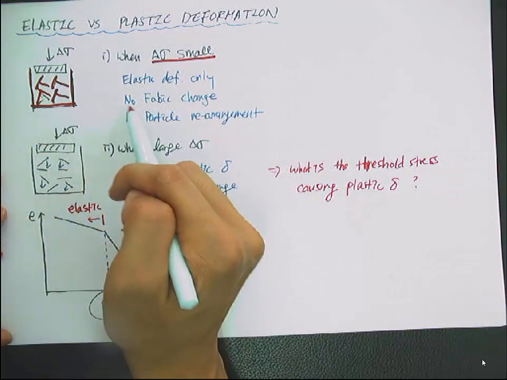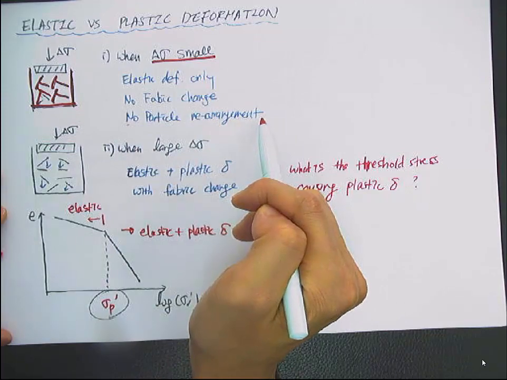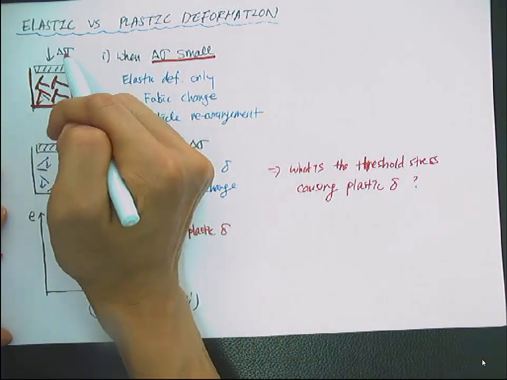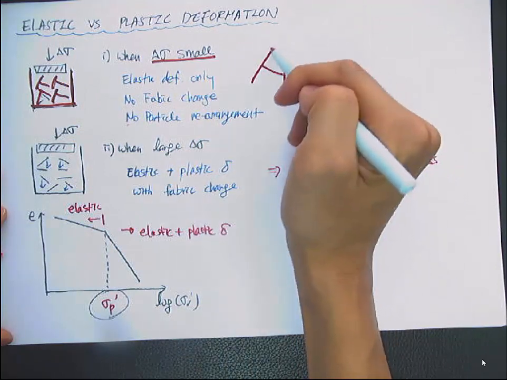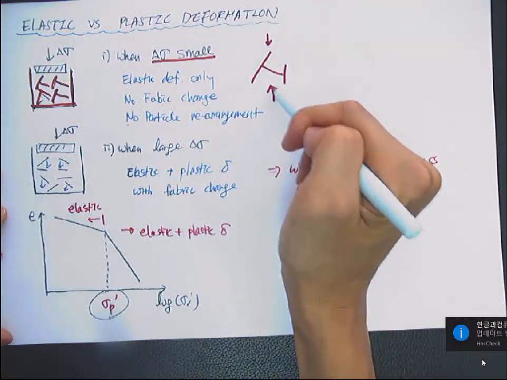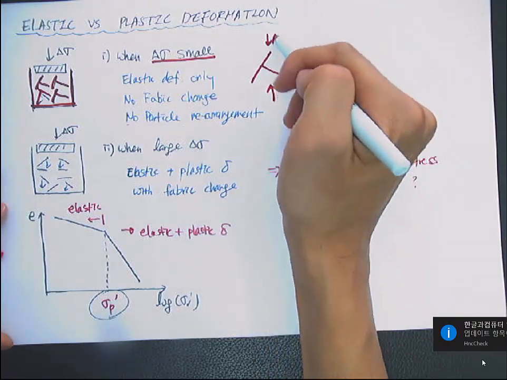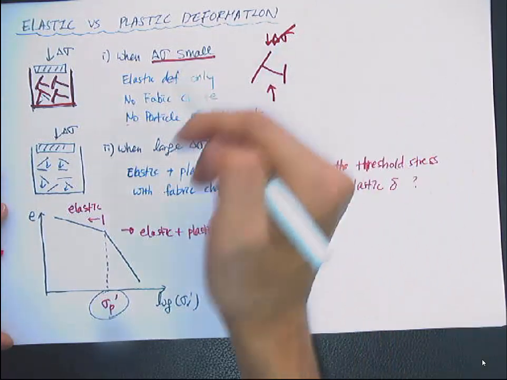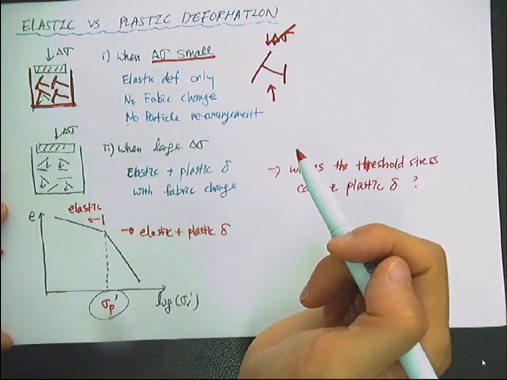So here, no fabric change occurs and no particle rearrangement occurs. When you remove this delta sigma, the clay may have deformed a little bit, but then it goes back to the original shape, and that is called elastic deformation.